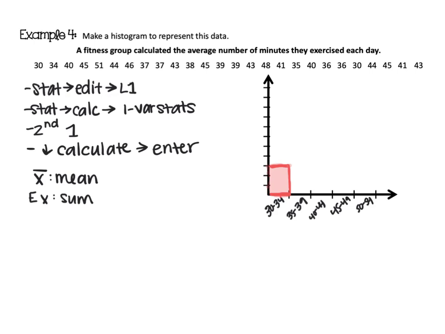You'll see the sum of squares, and then you'll see Sx, and then a symbol that looks like this with x. So Sx is the standard deviation for a sample. So this is the sample standard deviation.